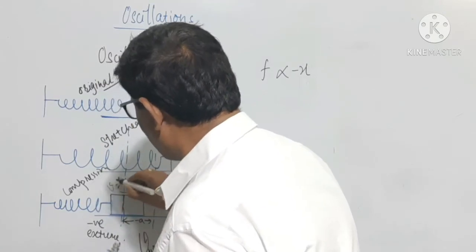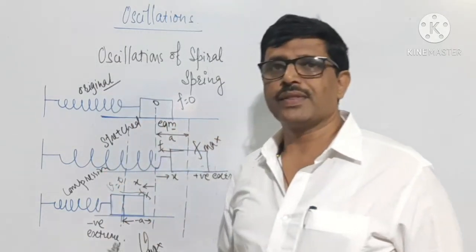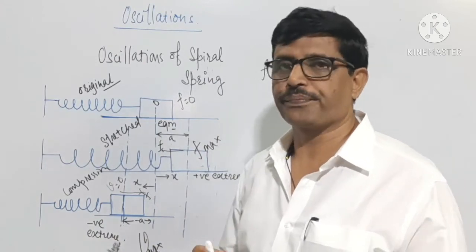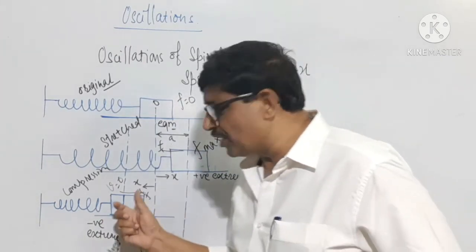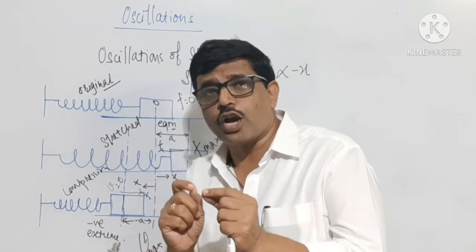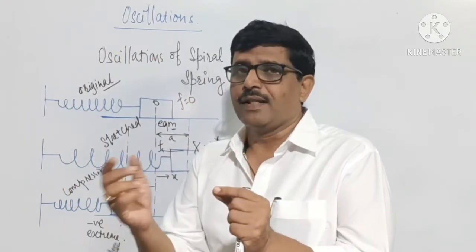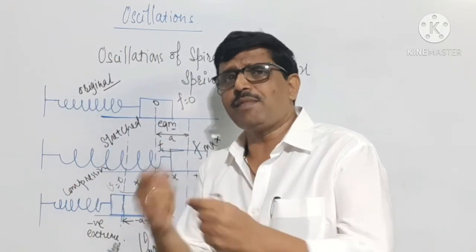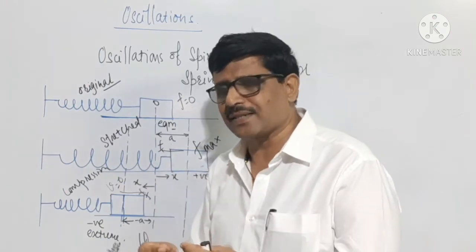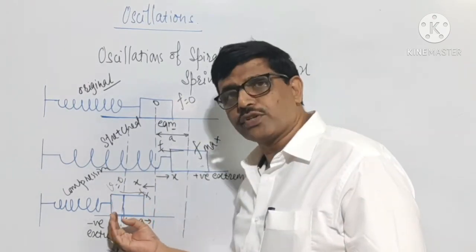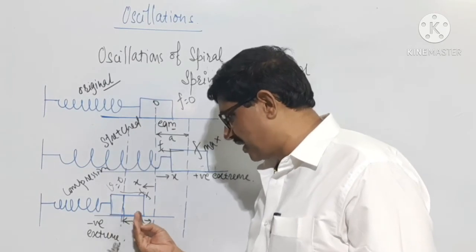Here at the negative extreme the velocity reduces to zero. And when the velocity reduces to zero, the block is momentarily at rest, but at the immediate instant, because of the restoring force, the block begins to move towards the equilibrium.